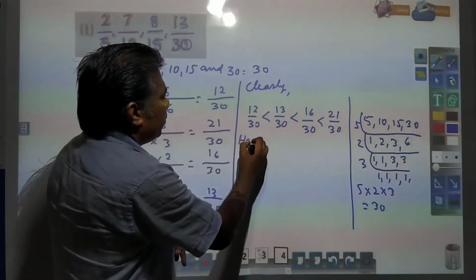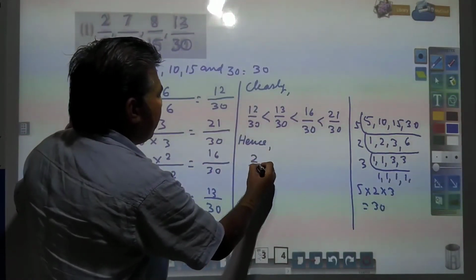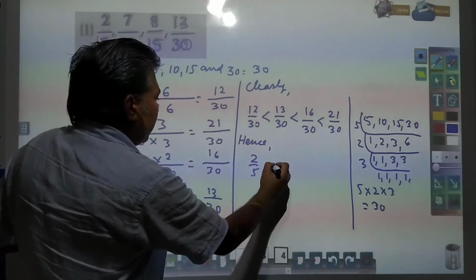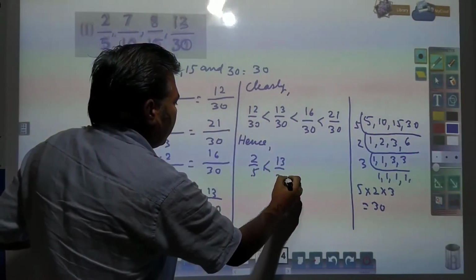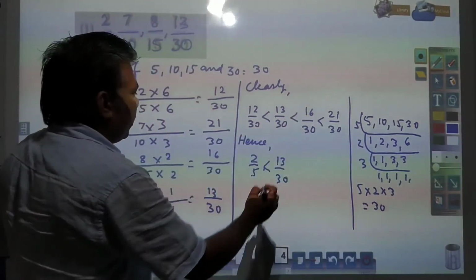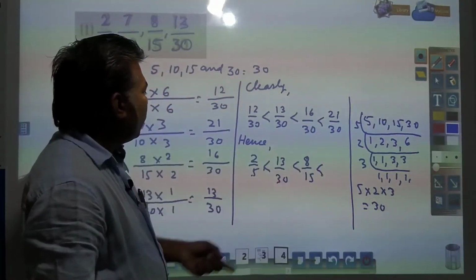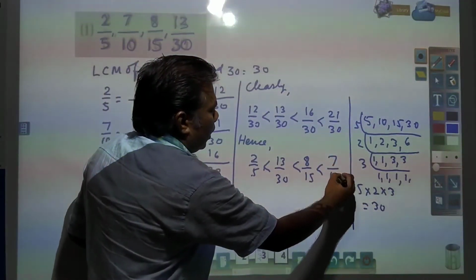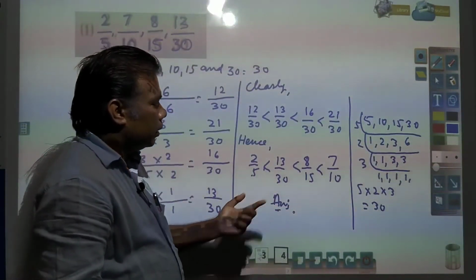And hence 12 by 30 means 2 by 5, 13 by 30 means 13 by 30, 16 by 30 means 8 by 15, and 21 by 30 means 7 by 10, and this will be your answer. In ascending order it has been arranged.